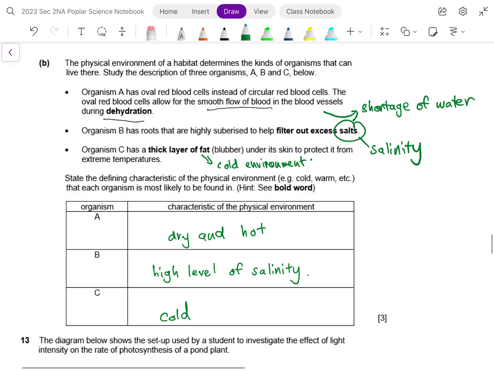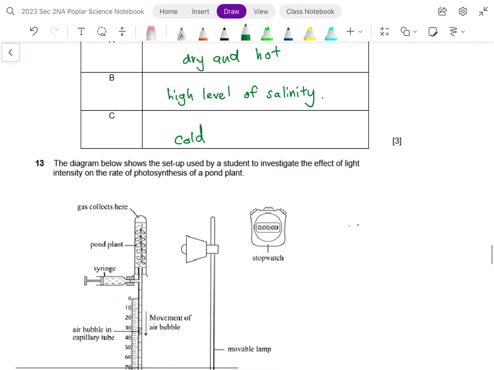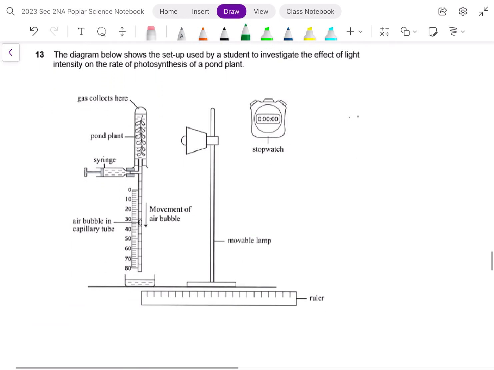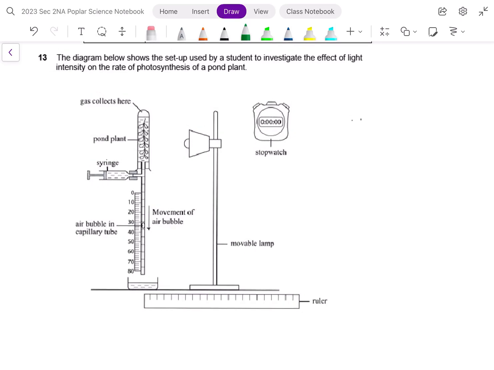Okay, then we go into question 13. So the diagram below shows the setup used by a student to investigate the effect of light intensity on the rate of photosynthesis of a pond plant. So you are given this setup. The gas here, they are referring to the oxygen gas.